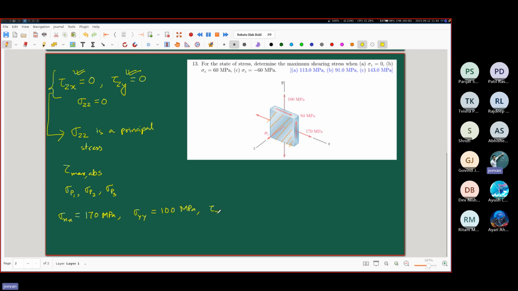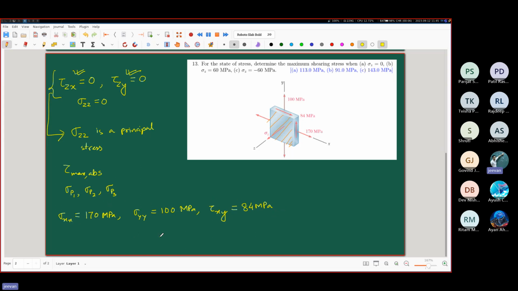What is the value of tau xy? Tau xy, what is the value? 84. And please note that in these kinds of pictures, only one of these values is given. So this 84 MPa corresponds to either this one or this one. They are the same, so tau yx is also equal to 84 MPa.